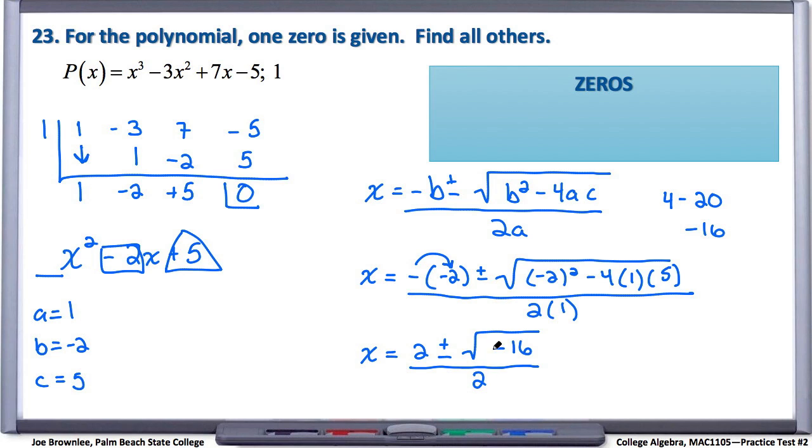All right, we can see that we have a negative under the radical, so we know we're dealing with complex roots here. So what happens now is we get 2 plus and minus the square root of negative 16. Well, we know what the square root of positive 16 is, right? Positive 16 under the radical comes out as a 4, and then the negative comes out as an i, all over 2.